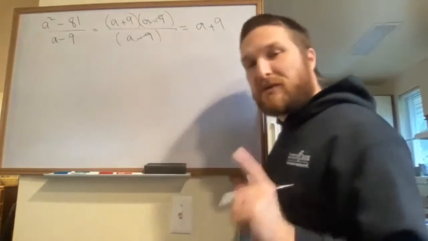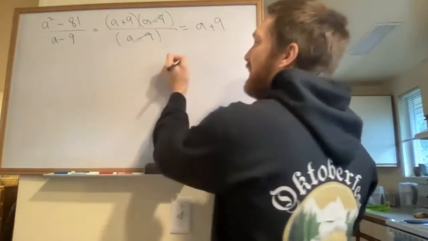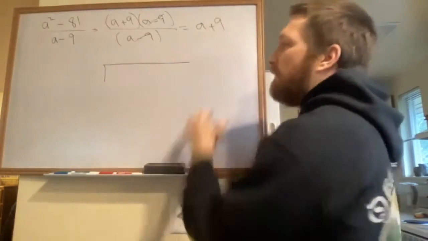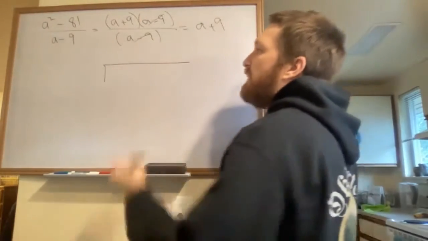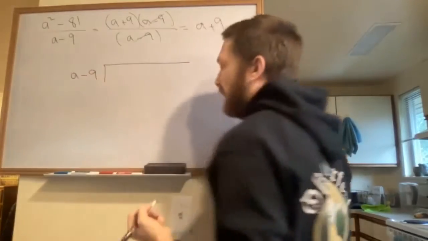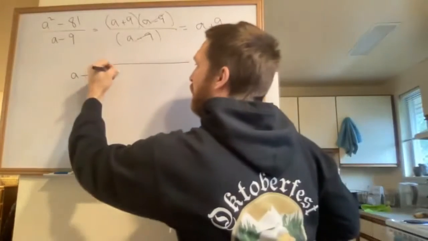Now, here's the tricky thing, and this is what you're going to need to keep in mind when you do this. I'm just going to go along and say, okay, we're dividing something by something. That's the sign I use. The thing that we're dividing by is a minus 9. And the thing that we are dividing is a squared minus 81.